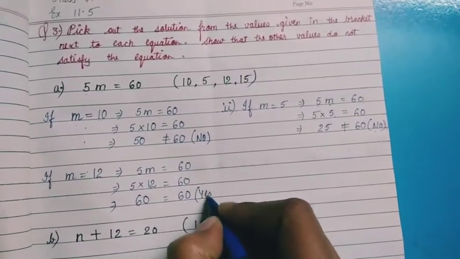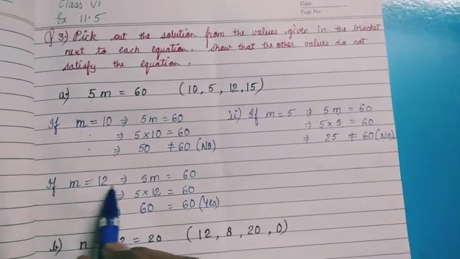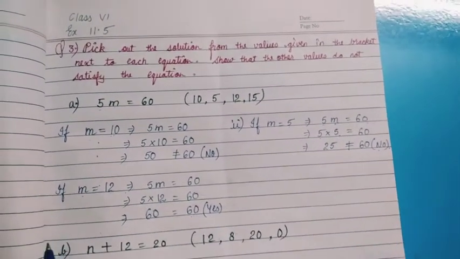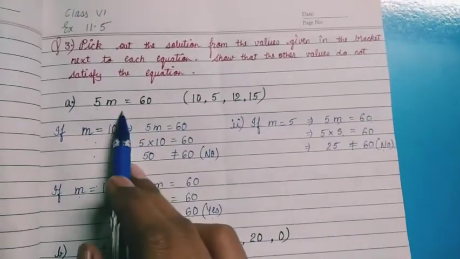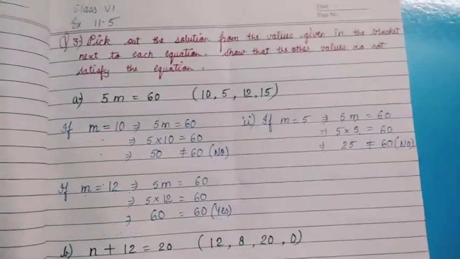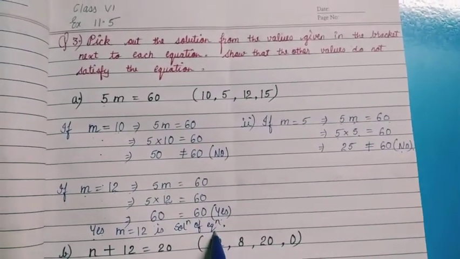It means our LHS is equal to RHS. So m is equal to 12 is the solution of the equation. Yes, this is the solution.